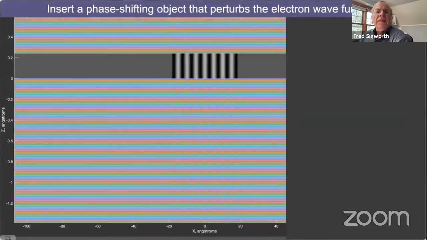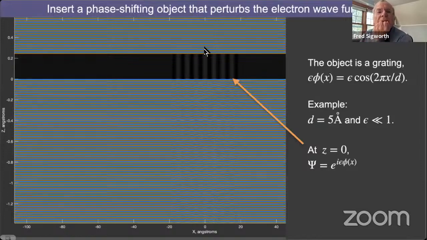Now, if we insert a phase shifting object that slightly perturbs the phase, so this is my phase shifting object, then the electrons come in as nice plane waves and they come out a little bit wiggly. Here you can see it better. Plane waves, they come out slightly wiggly. And so here's mathematically, my object is going to be a grating.